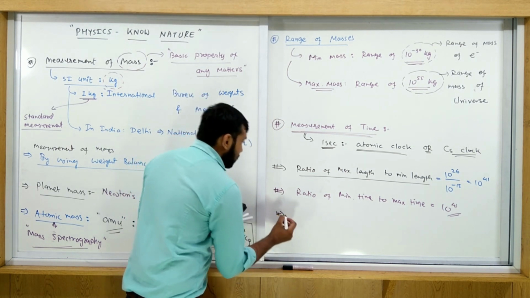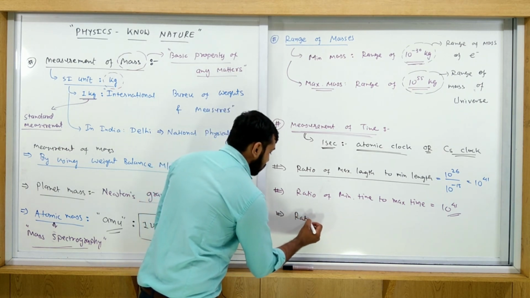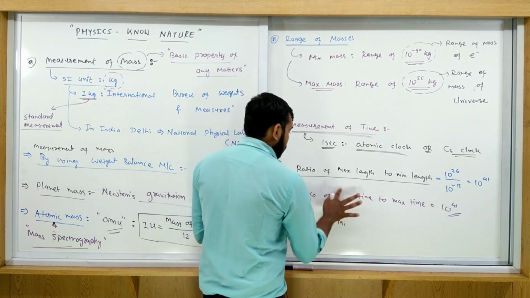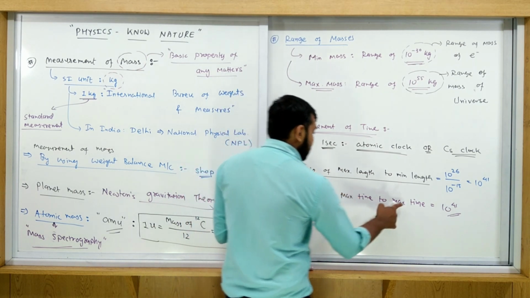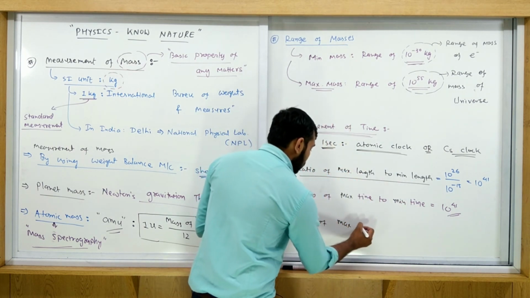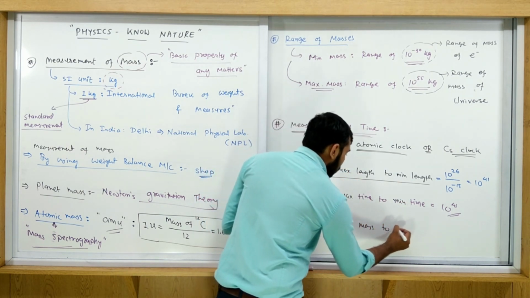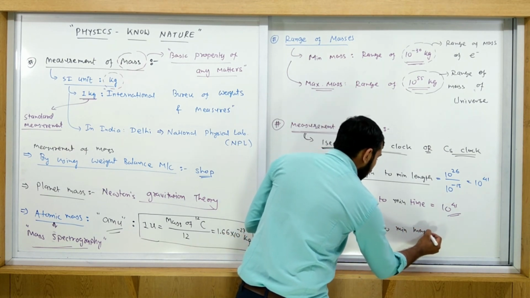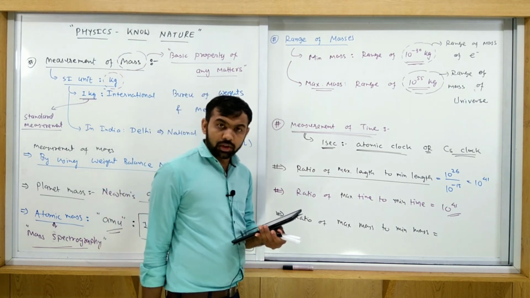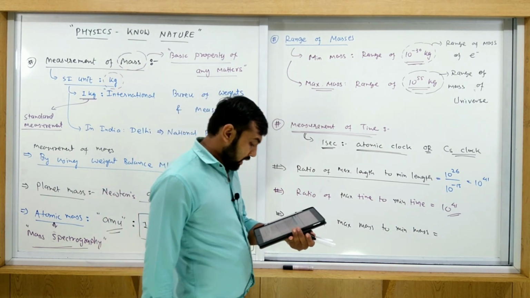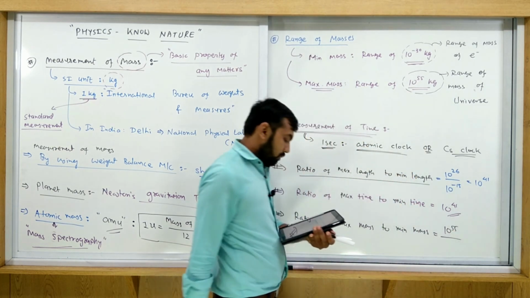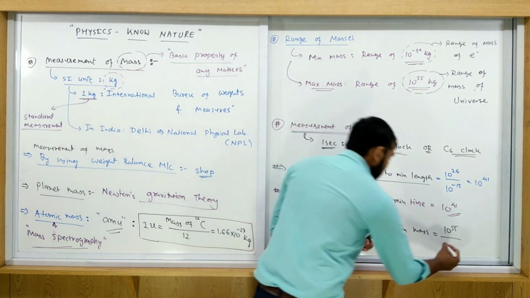Now similarly, find the ratio of maximum mass to minimum mass. See Table number 2.4. Maximum mass is 10 raised to 55 upon minimum mass 10 raised to minus 30.